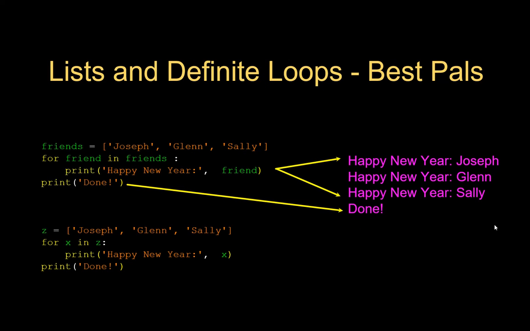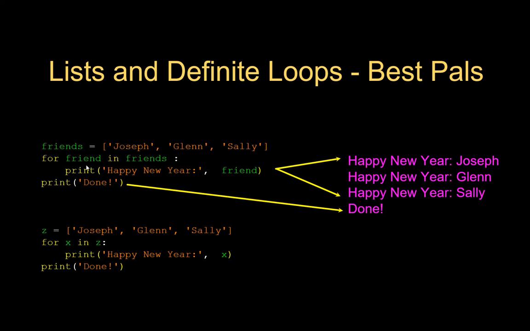One of the advantages of having a list is using a list to define a definite loop. For example, in this case we have a list which we called friends, and friends includes three values, which are Joseph, Glenn, and Sally. We have a loop here, and our iteration variable is friend.